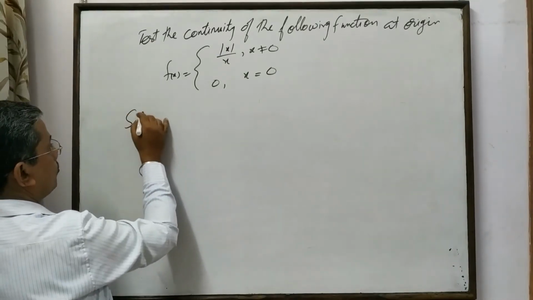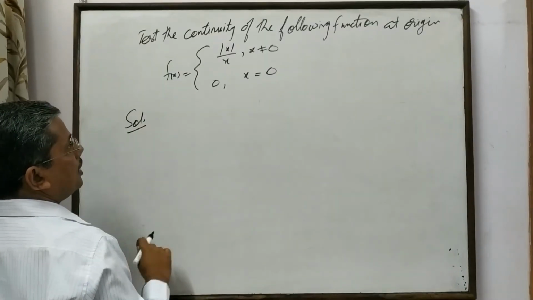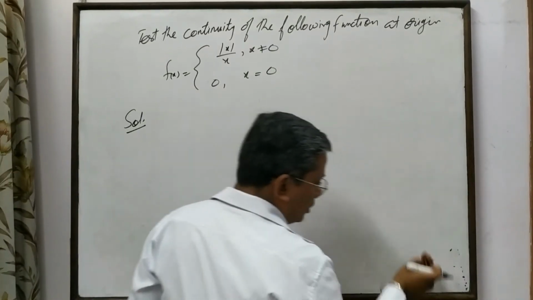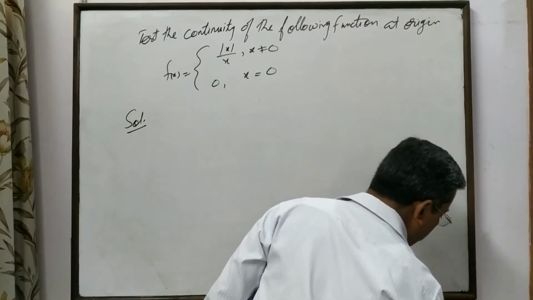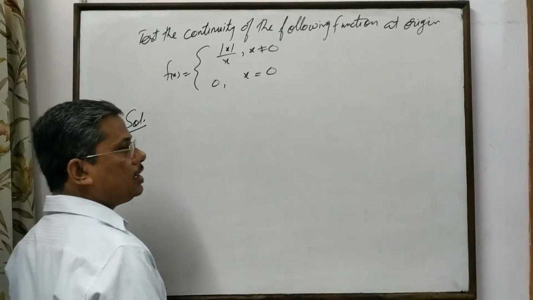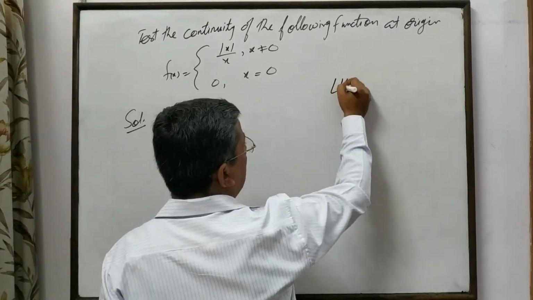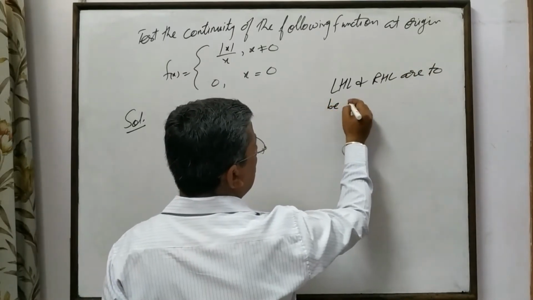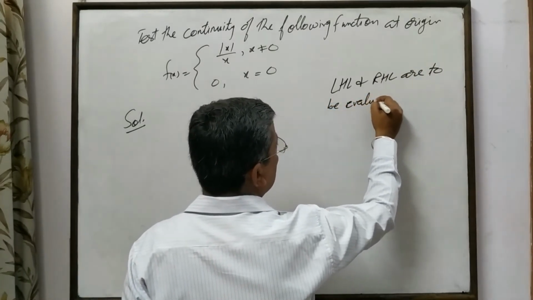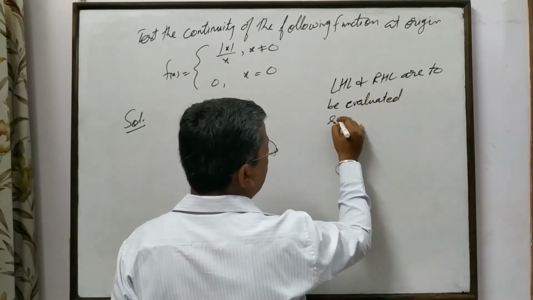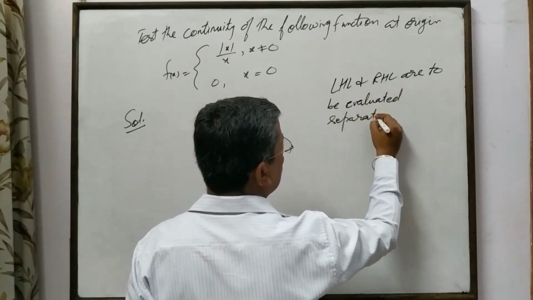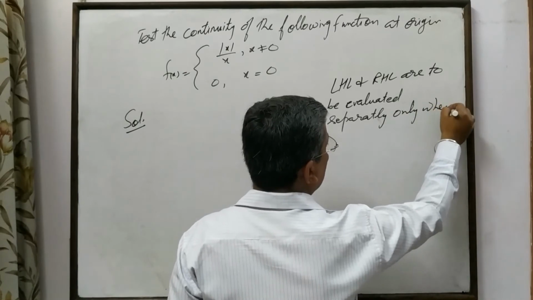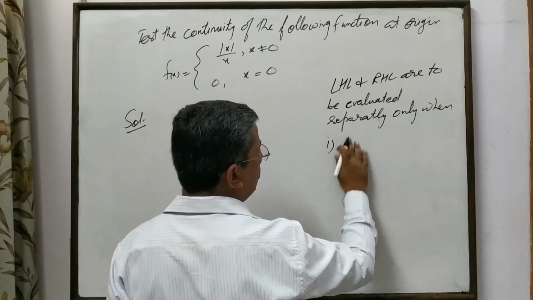So here we have a function mod x upon x. Now in the beginning I have told you that left hand limit should equal to right hand limit. Now where do we find left hand limit and right hand limit separately? Left hand limit and right hand limit are to be evaluated separately only when, number one, modulus function is involved.